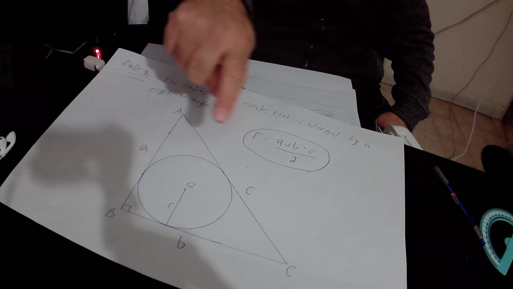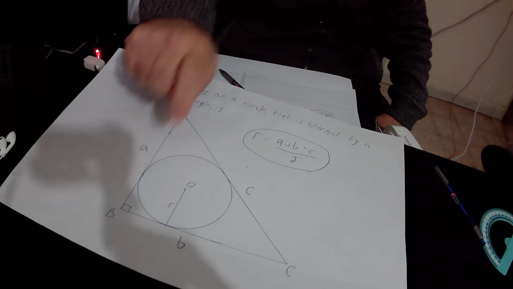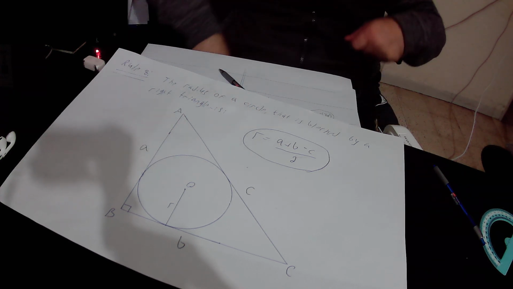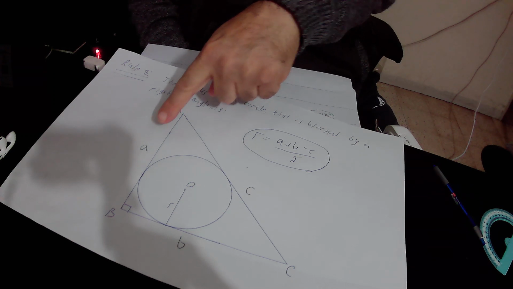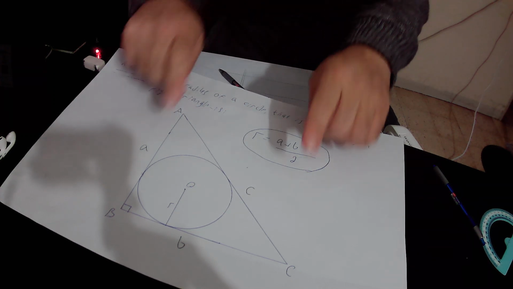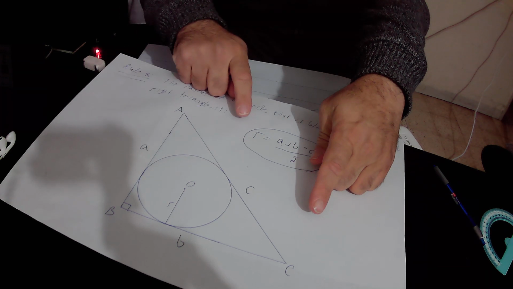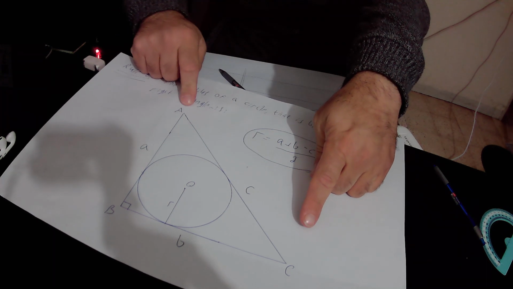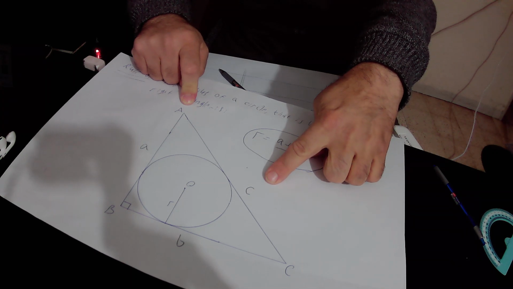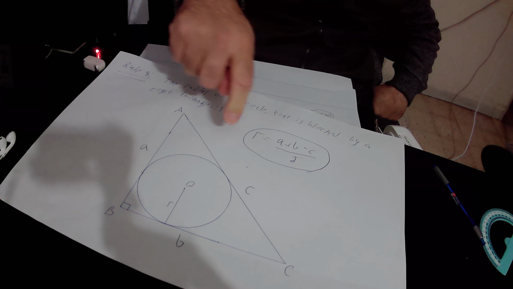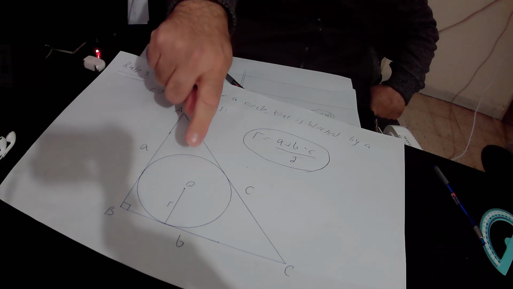So in the drawing we have a right triangle ABC, this angle ABC equals 90 degrees. The length of side AB equals A units. Side BC equals B units, and the hypotenuse AC equals C units in its length. The right triangle ABC blocks this circle, the radius of this circle is R.